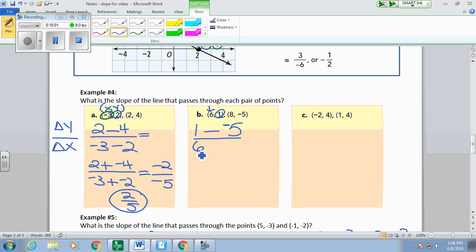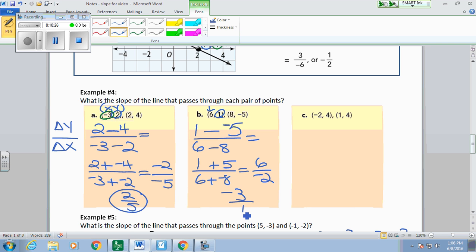So that'll be 6 minus 8. If I rewrite this, it becomes 1 plus positive 5, 6 plus negative 8. And we'll get 6 divided by negative 2 to end up at negative 3. If you want to put it as negative 3 over 1, you certainly can, or just leave it as negative 3. I know over is not the technical term, so I should say divide.